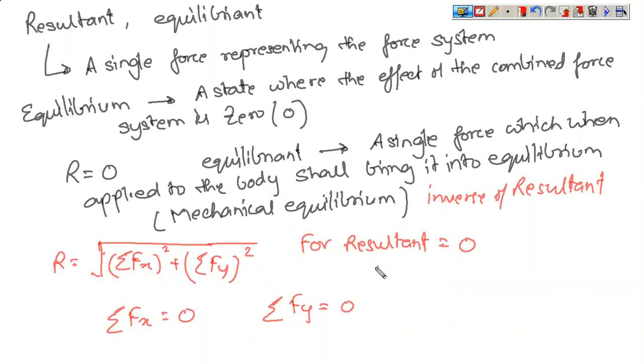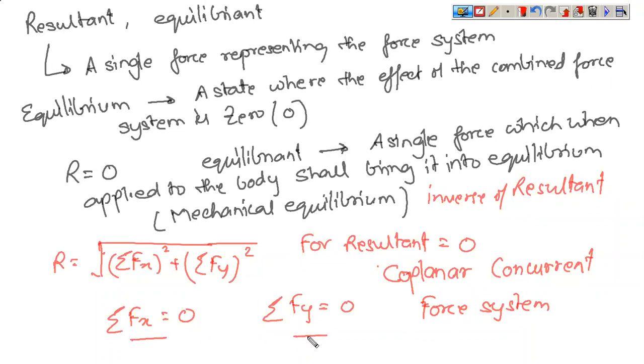Now if you look at all the previous cases, it was a state of coplanar concurrent force system. The forces were passing through the same point. So for a coplanar concurrent force system, sigma Fx and sigma Fy have to be individually equal to 0 for the force system to be in mechanical equilibrium.